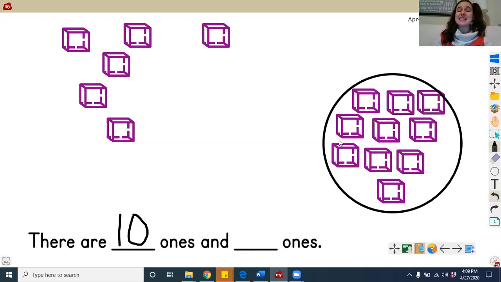So that means I have 10 ones. And then right here, I'm going to count by ones, and I see that I have 1, 2, 3, 4, 5, 6 ones.